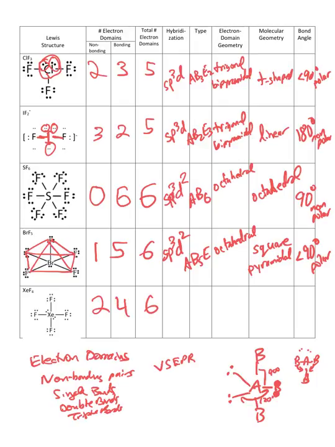So once again, we've got a total of 6 electron domains around the central atom. That means we've got a hybridization of sp3d2, and it's an octahedral electron domain geometry. The electron domain geometry describes the arrangement of electrons around the central atom.